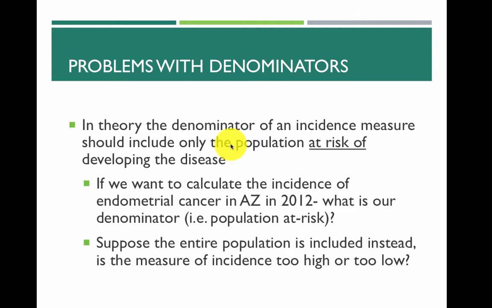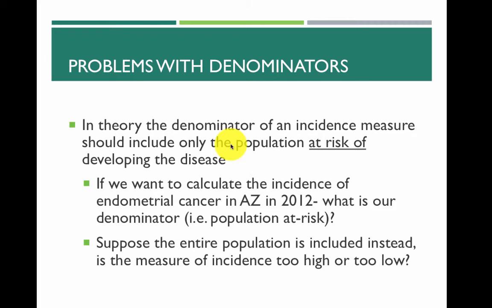So the correct answer is that the denominator should only be women who have not had a hysterectomy. So if you don't have a uterus, you cannot develop endometrial cancer. So let's say the entire population of Arizona is included in our denominator instead.